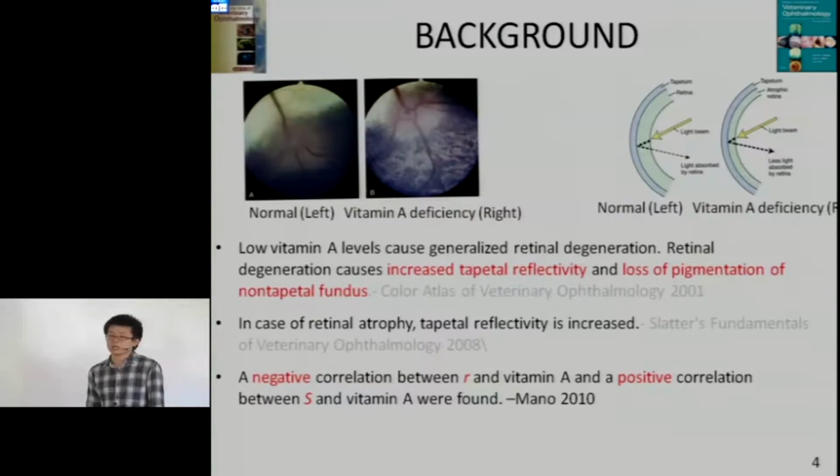We conducted this experiment from 2010, and in that year's result, we found a negative correlation between the red component ratio and vitamin A, and a positive correlation between the saturation and the vitamin A level.